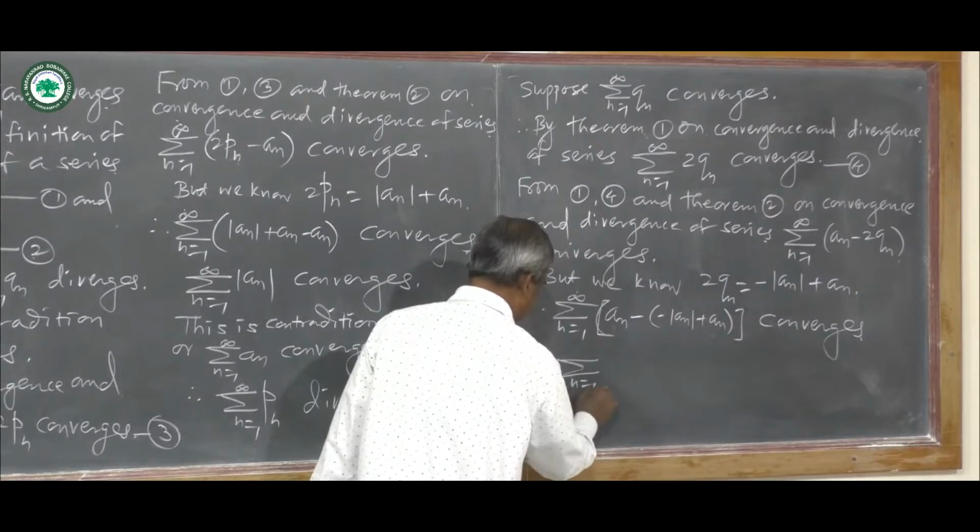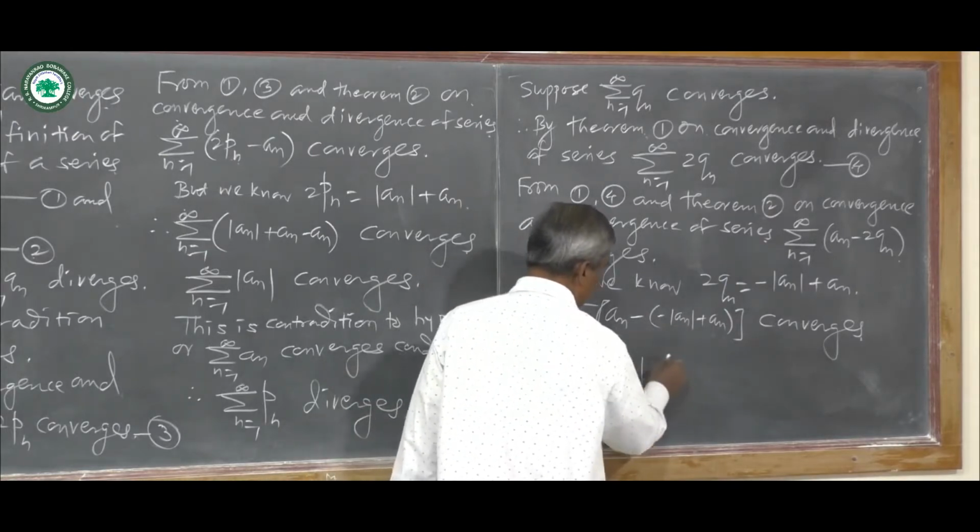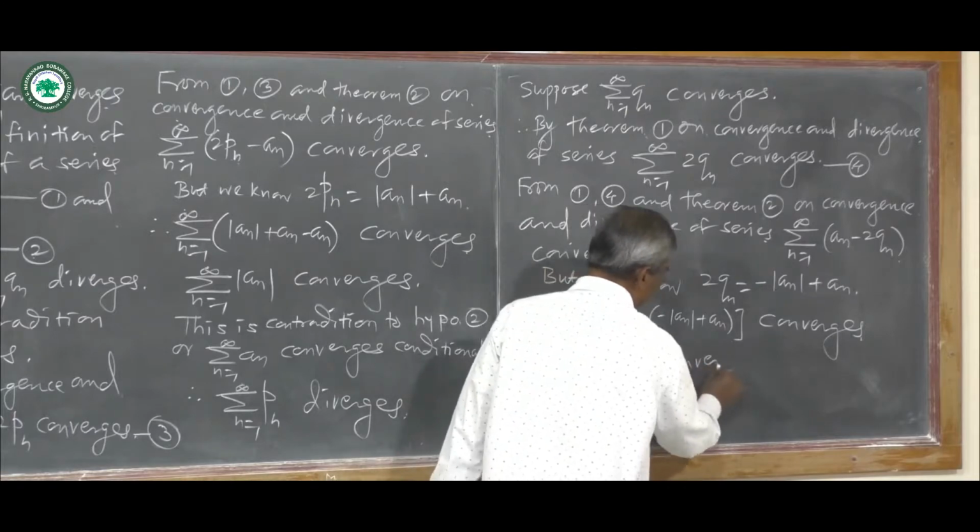Summation n is equal to 1 to infinity mod of an converges.